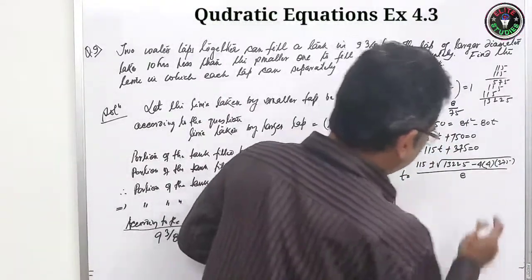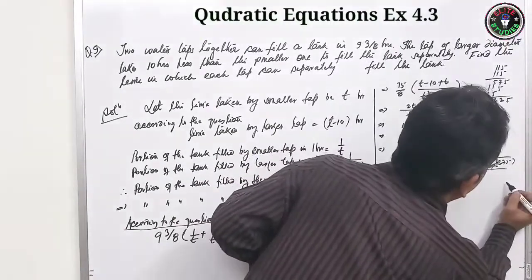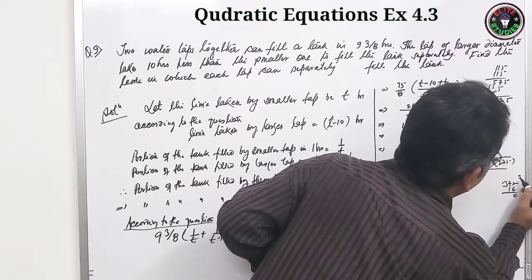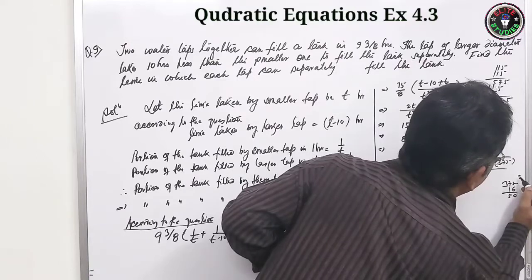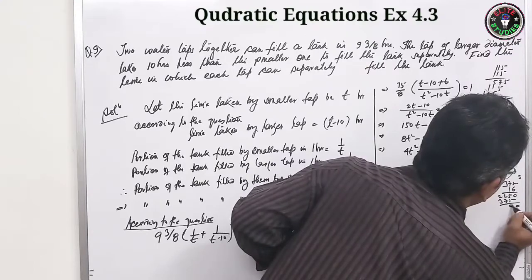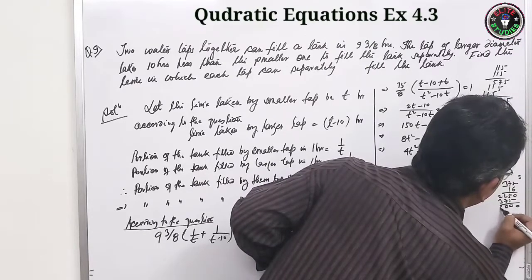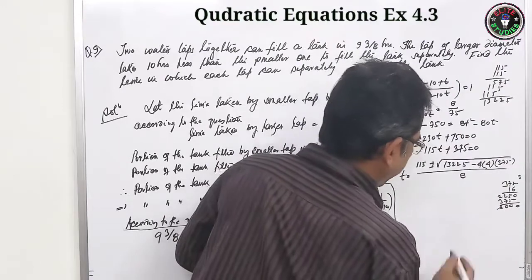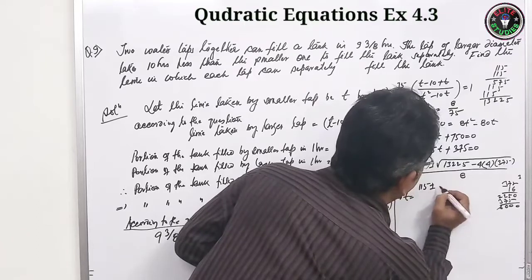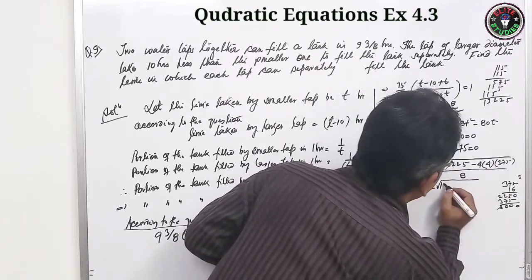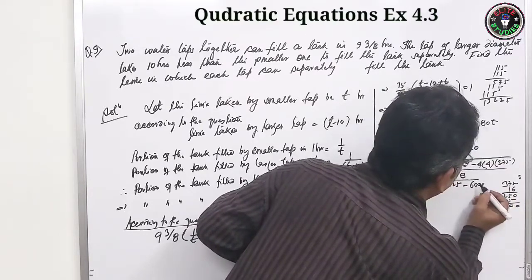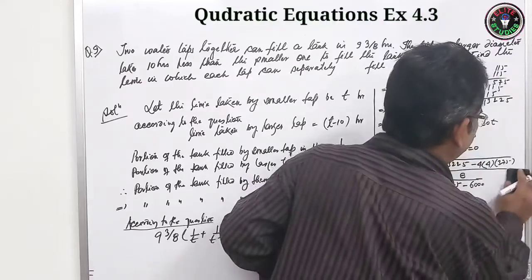So what we will get? 375 into 16 is 6000. Implies that T is equal to 115 plus minus root over 13225 minus 6000.